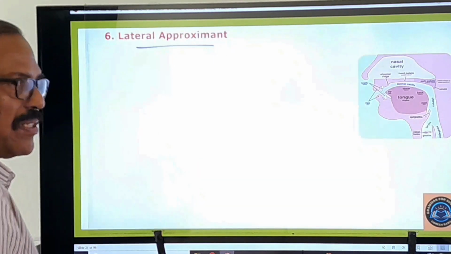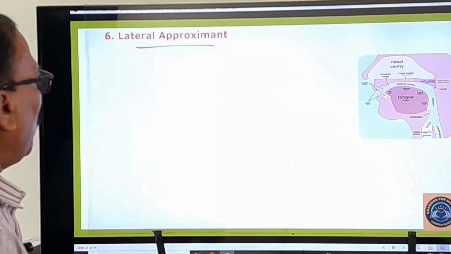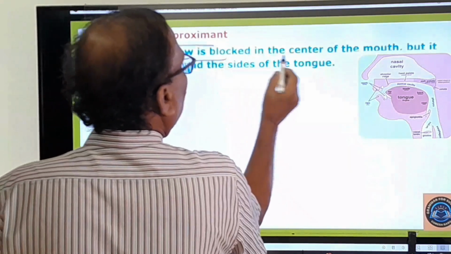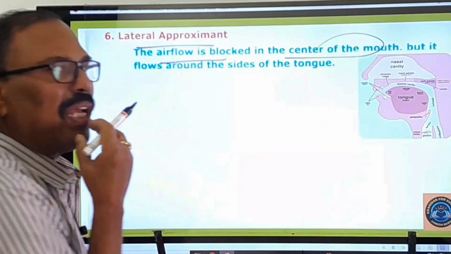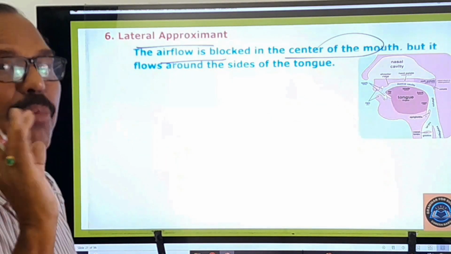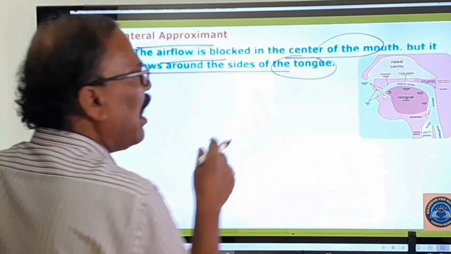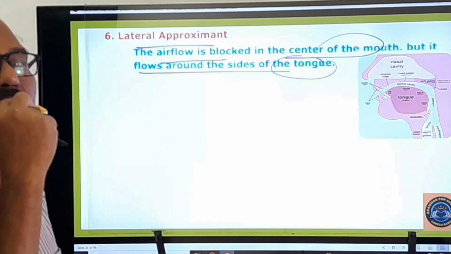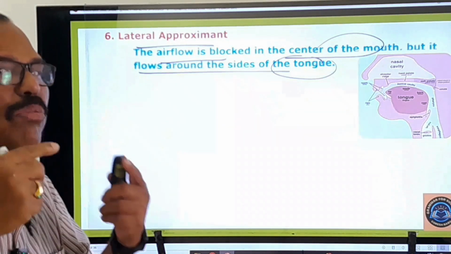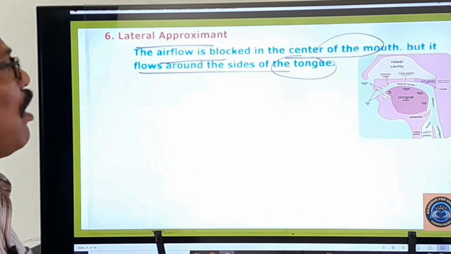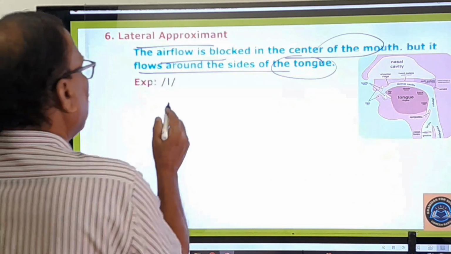Lateral approximant. Lateral approximant means what is that? The airflow is blocked in the center of the mouth. Okay, it's clearly given. But it flows around the sides of the tongue. And that blocked air will be passing out through the sides of the tongue. How? What is that consonantal sound? La.